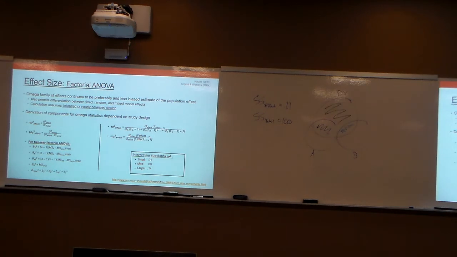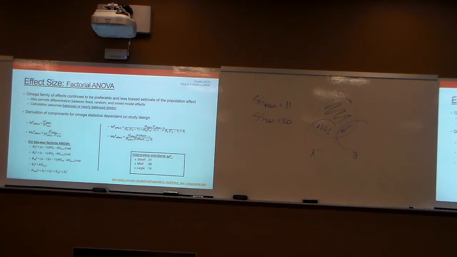But what we've got here, PowerPoint likes to screw up my notation, but for calculating omega squared for a factorial design, you're taking the degrees of freedom of whatever effect you're interested in, multiplied by the F statistic for your effect minus 1, over degrees of freedom factor A times F for factor A minus 1, plus degrees of freedom for factor B times F for factor B minus 1, and so on for however many factors you have in your design.